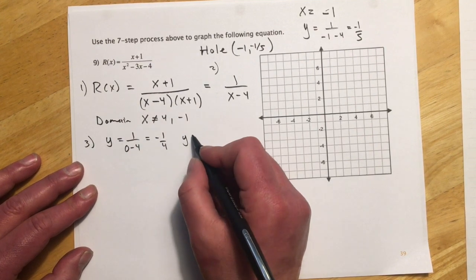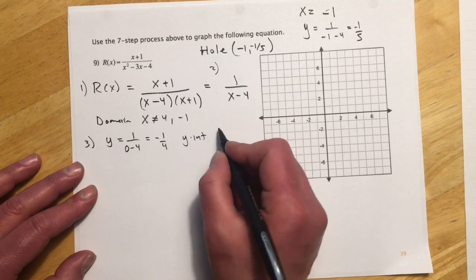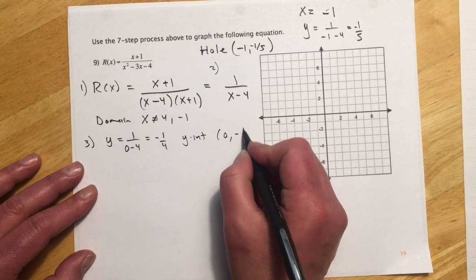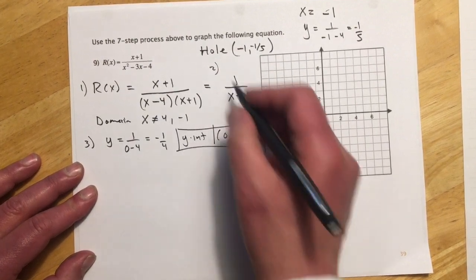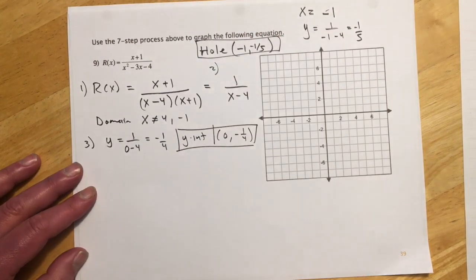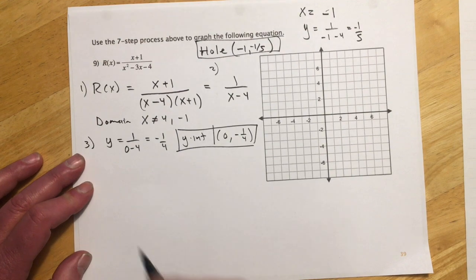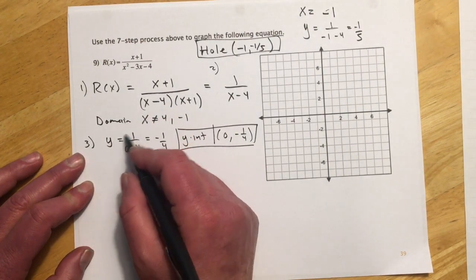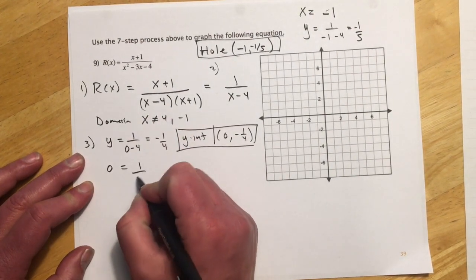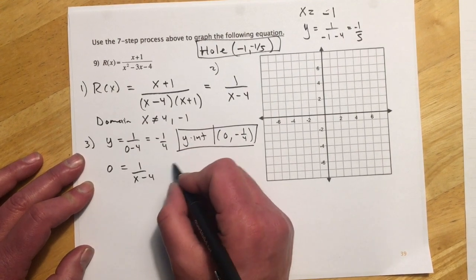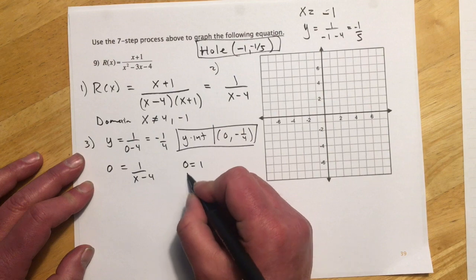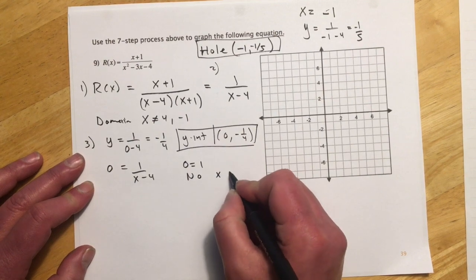So that means my y-intercept is 0 and negative 1/4. Like that. And we have a hole right there. My x-intercept doesn't exist, because if I set y equals 0 and try to solve, I just have to set the numerator, you can see I get 1 equals 0, so no x-intercepts.